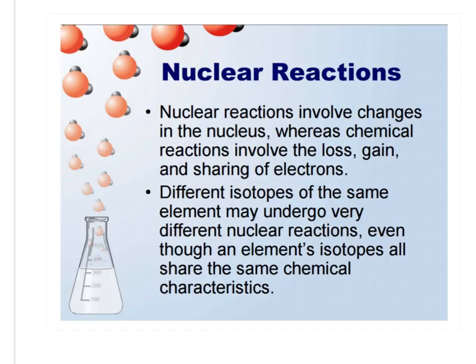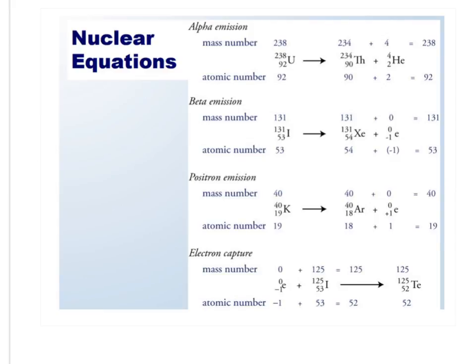All right, nuclear reactions involve changes in the nucleus, whereas chemical reactions involve the loss or gain of electrons. So different isotopes of the same element may undergo very different nuclear reactions, even though an element's isotopes all share the same characteristics. Okay, so these are the types of nuclear equations that y'all need to know.